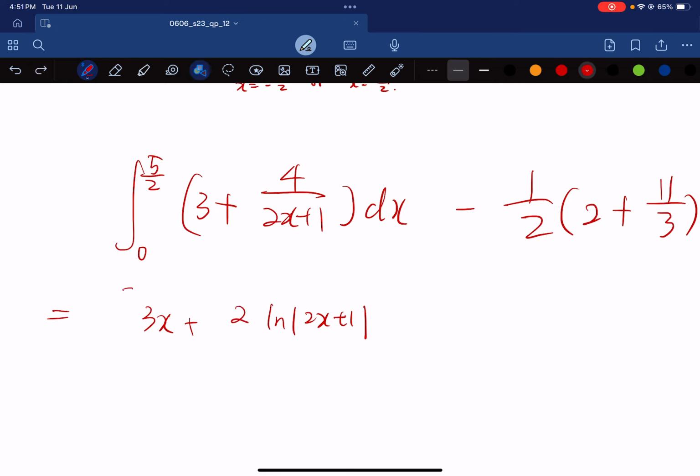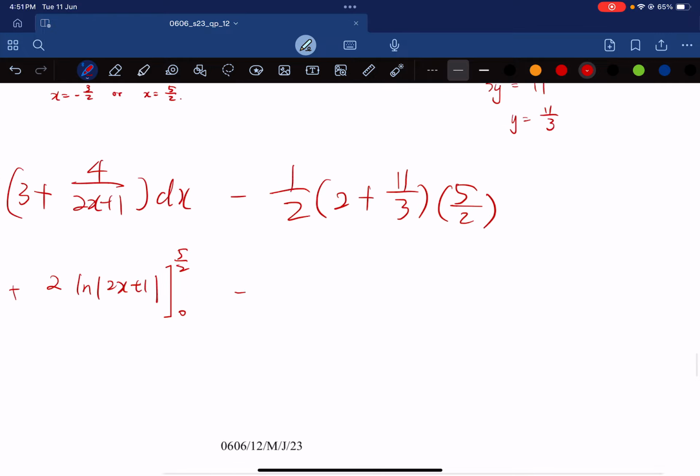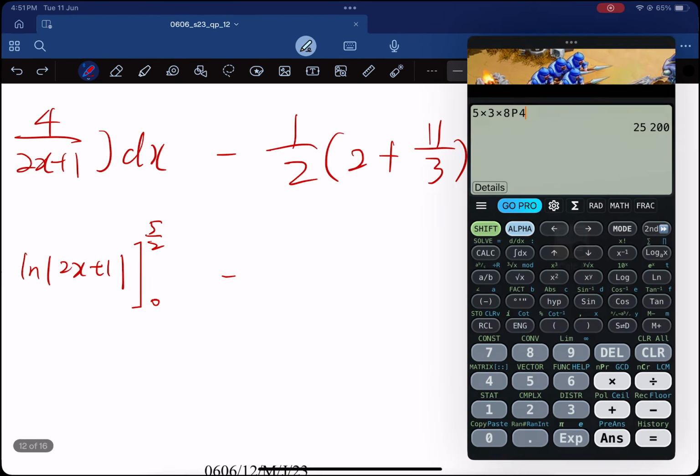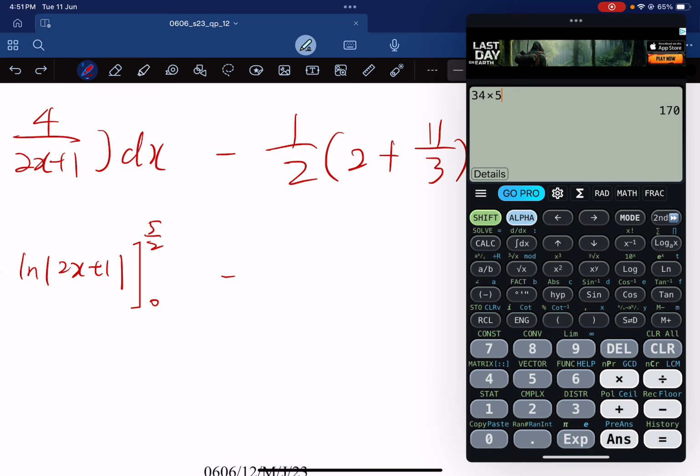Okay, so let's see. 5 over 2, 0 minus, what is this? This would be 12 over 6 plus 22 over 6. 12 plus 22, 34 over 6. So this would be 34 times 5 divided by 2 divided by 2 divided by 6. This is 85 over 12.